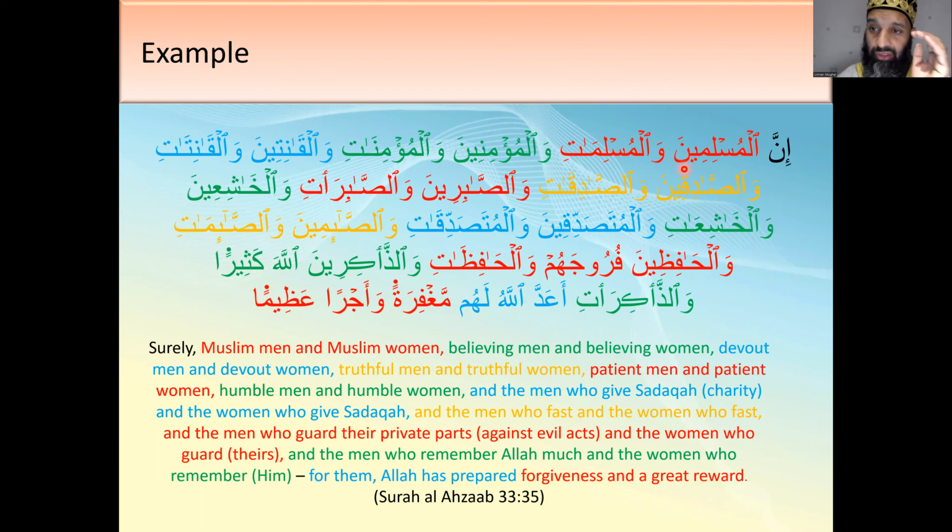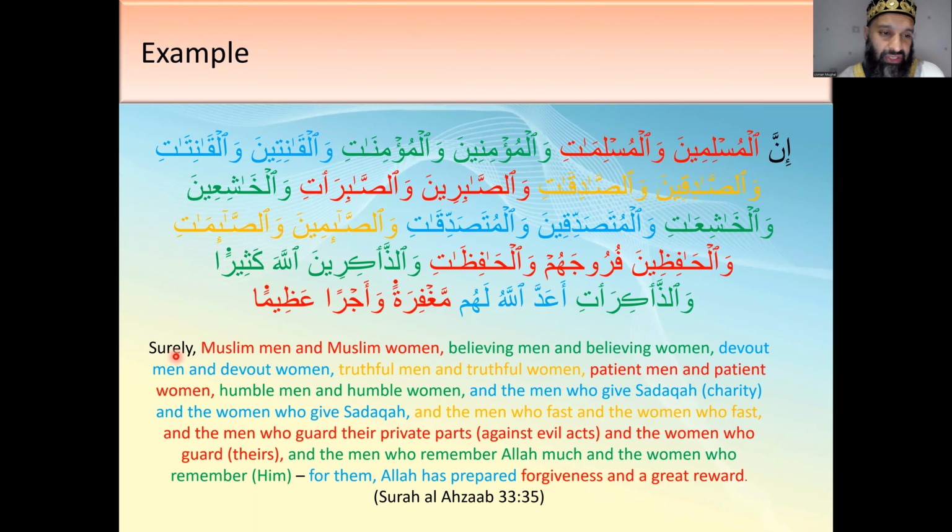If you look at that word, you know it's not marfu, it's either mansub or majroor because of the ina ending. It is actually mansub because I know the rule. This one is a mansubifying word. If this word comes in front of a noun, it makes that noun mansub. So anyway, Muslimina, Muslims, indeed.